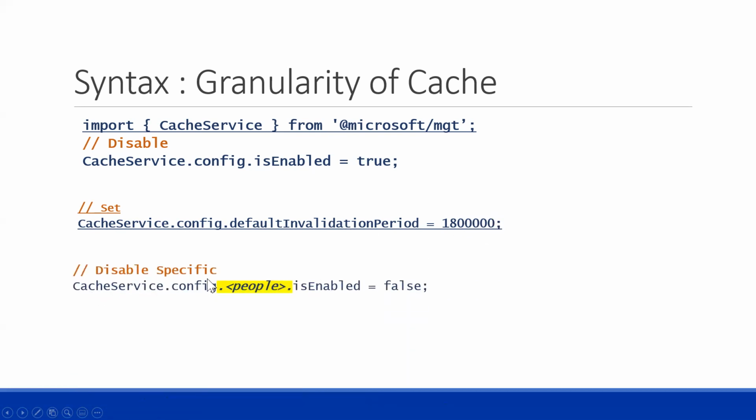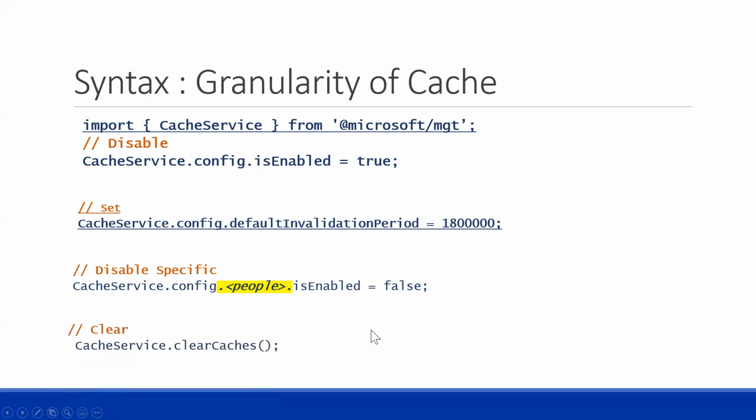To disable a specific workload, say you have people, or users, or that kind of cache which you want to get disabled, or you don't want those details to be cached, you can definitely set that as false.